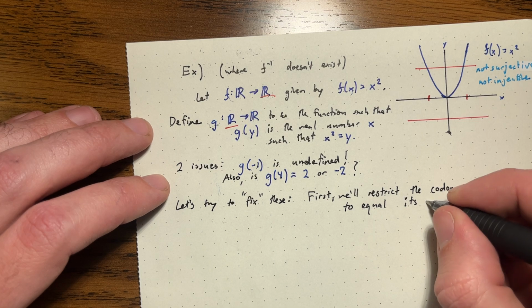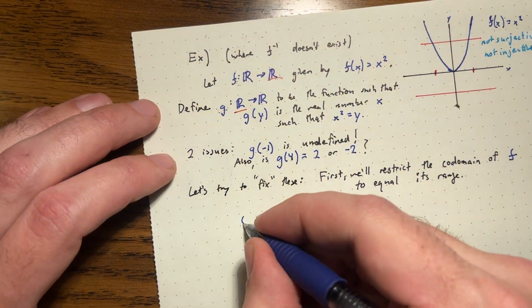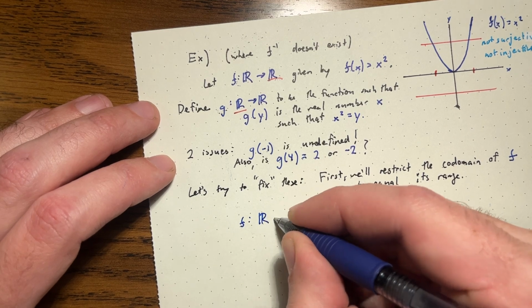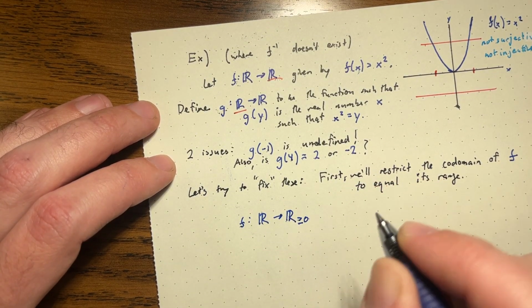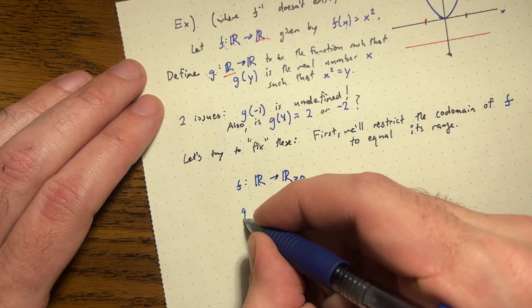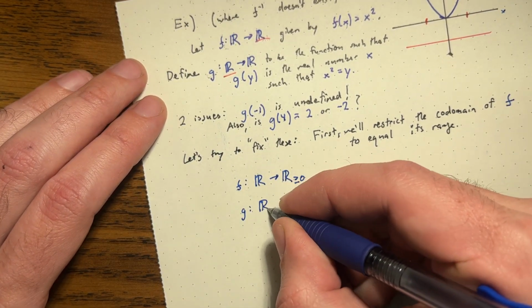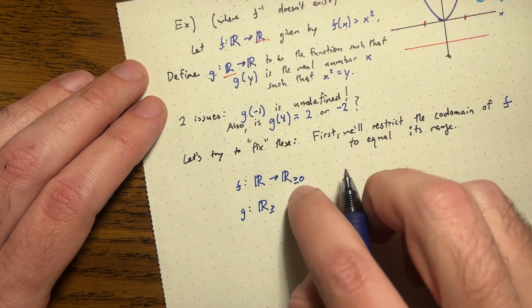So to equal its range. So we will define f from R to just the non-negative real numbers, the things that do actually have square roots. And then we'll define g from that same set. The inverse function always has to start in the exact same set, right?